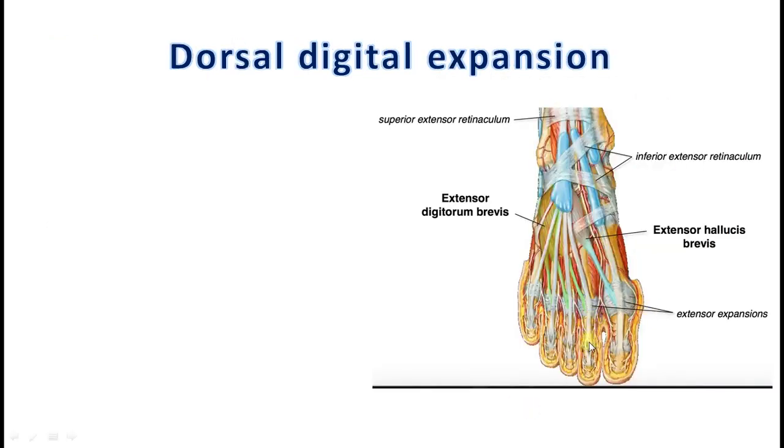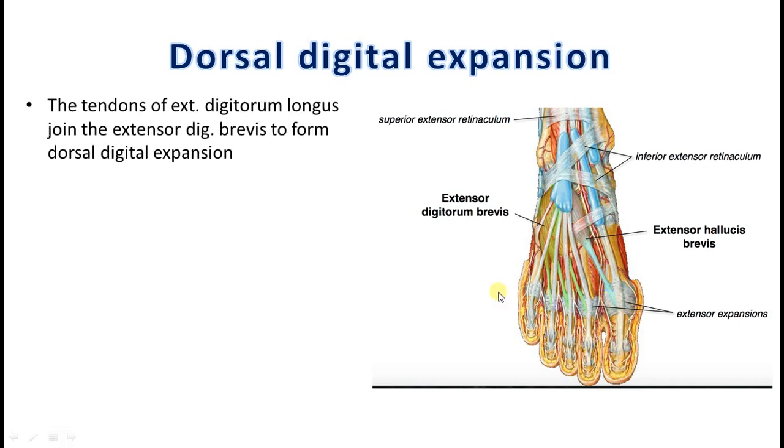So you are able to see this is actually the dorsal digital expansion. Hope you remember the dorsal digital expansion of the upper limb. We have discussed the dorsal digital expansion. In the same way, here also you have the dorsal digital expansion which is formed by the tendon of the extensor digitorum longus and it is joined by the tendons of the extensor digitorum brevis for the second, third and fourth toe, not the medial most which is going to go to the great toe.